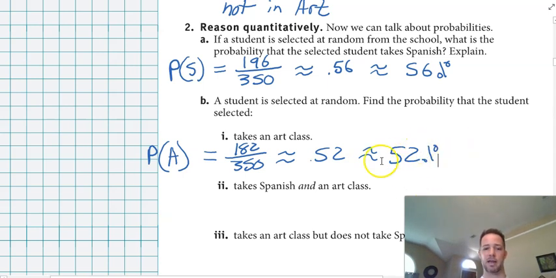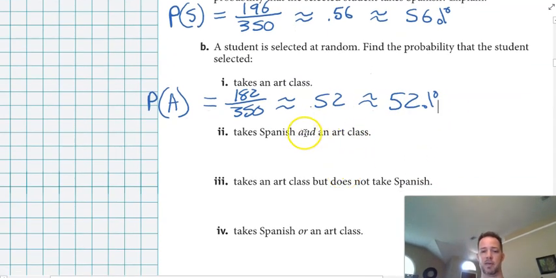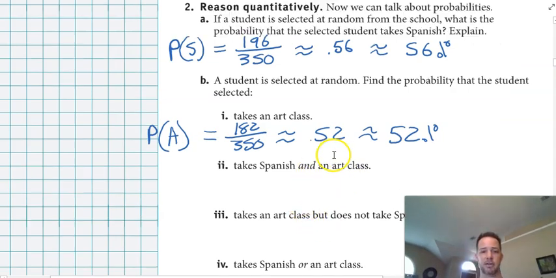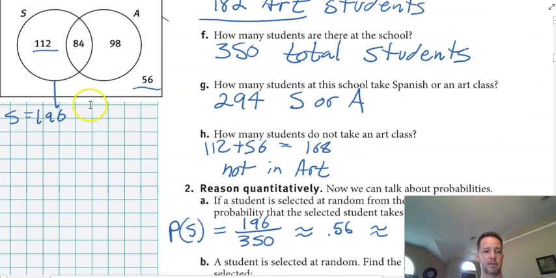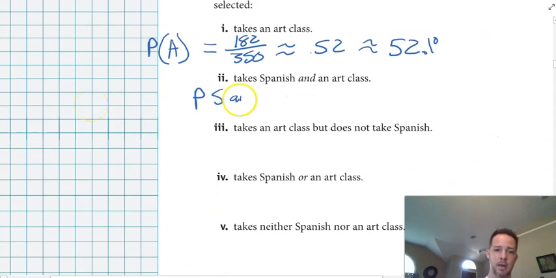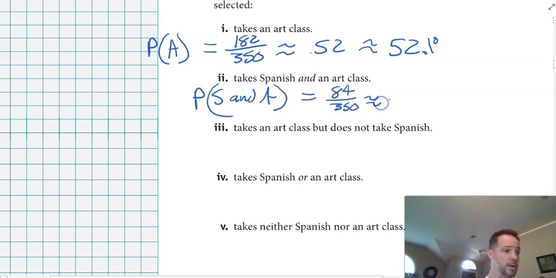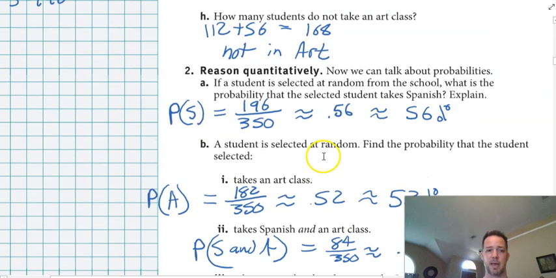We can do the same thing now with these. All of these will be out of 350. So Spanish and art. That was 84 students here were in Spanish and art, so 84 out of 350. And plug that in our calculator, we get about 0.24. Takes an art class but does not take Spanish.